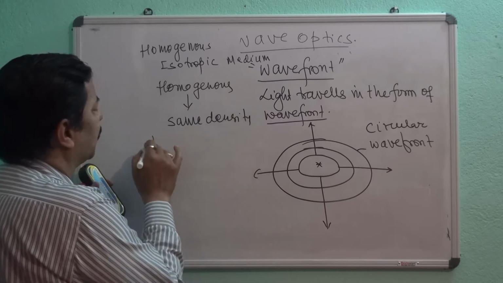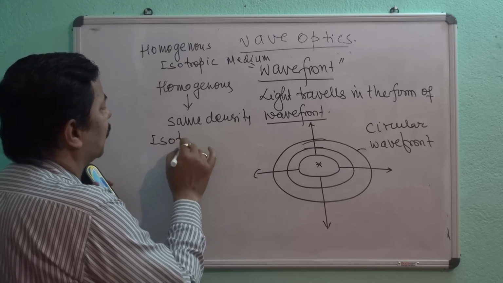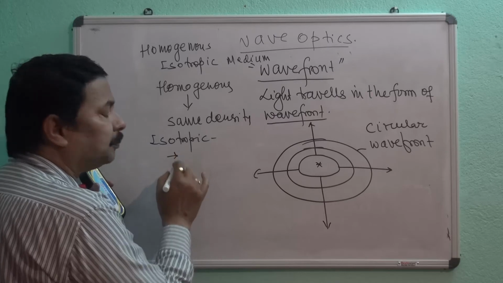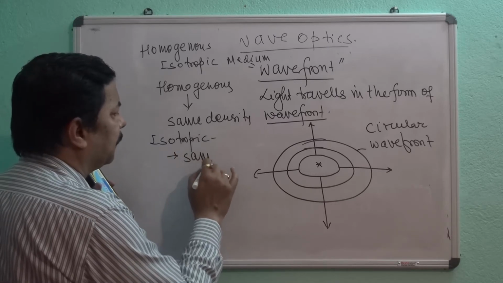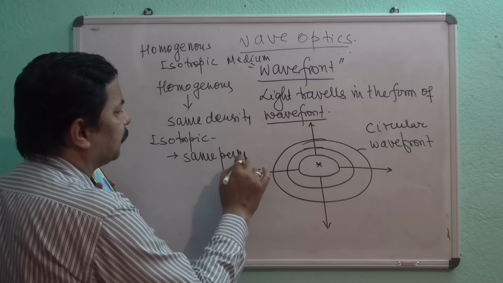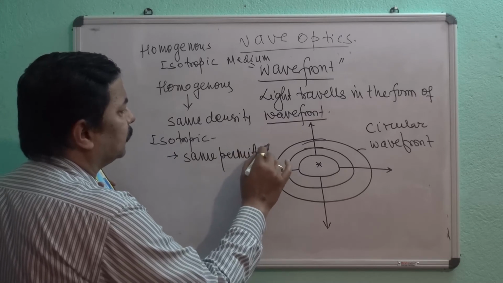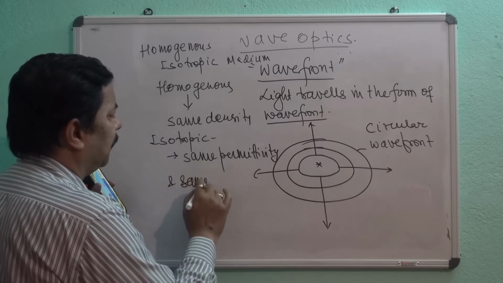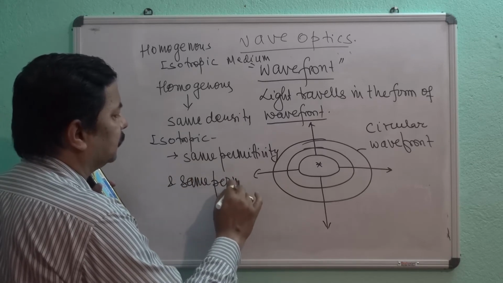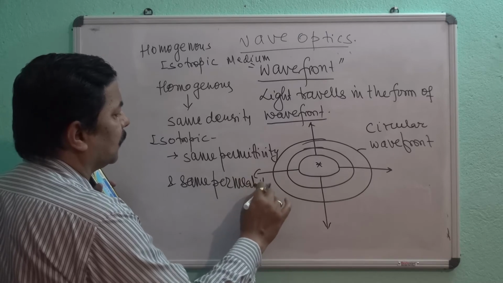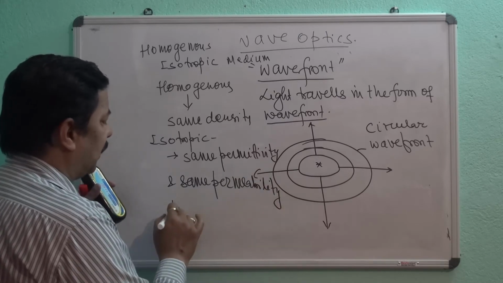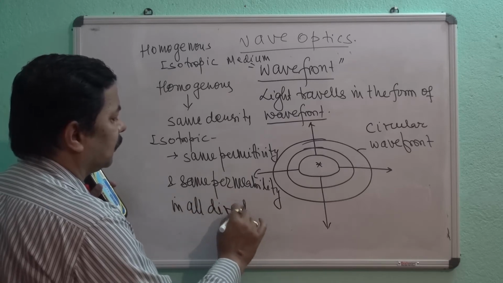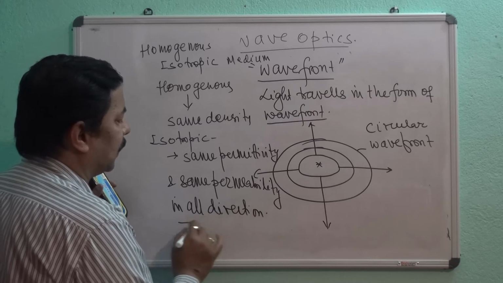And isotropic: this isotropic basically tells about the same permittivity and the same permeability in all directions.